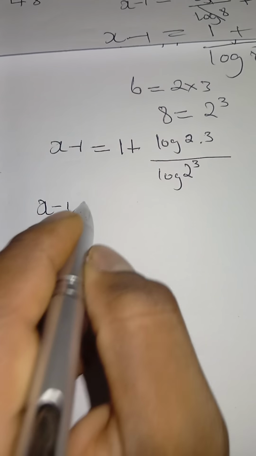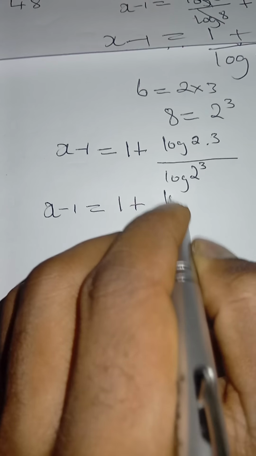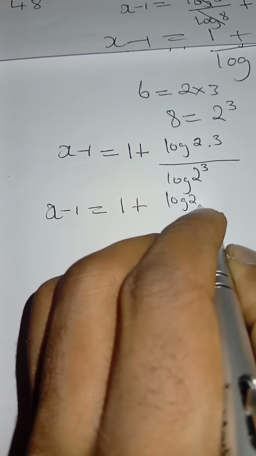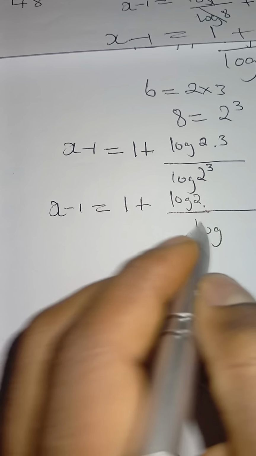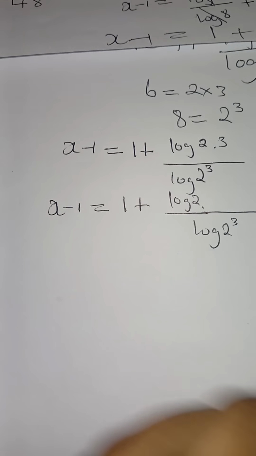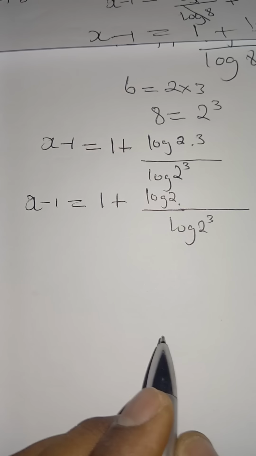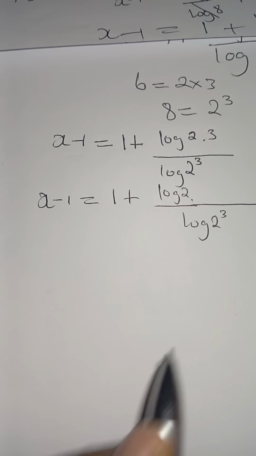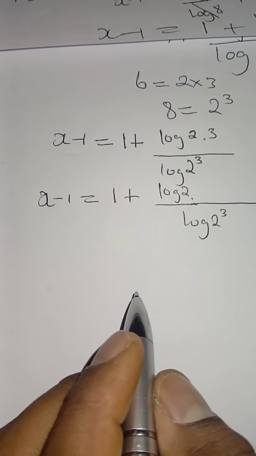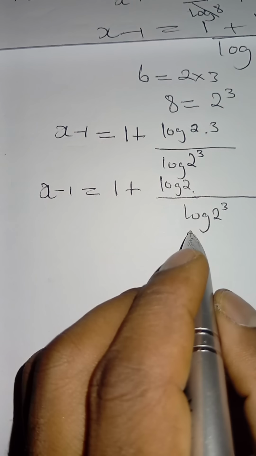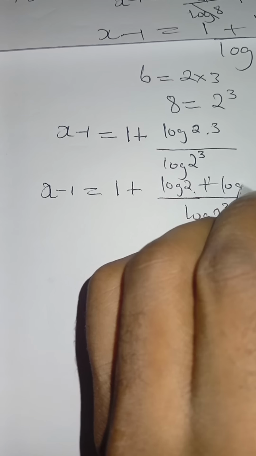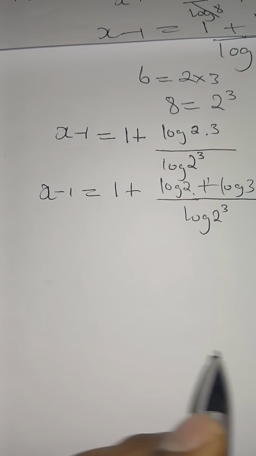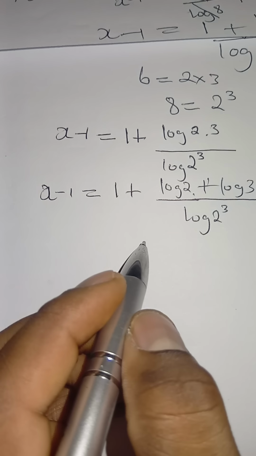So x minus 1 is equal to 1 plus (log 2 plus log 3), all divided by log 2^3.